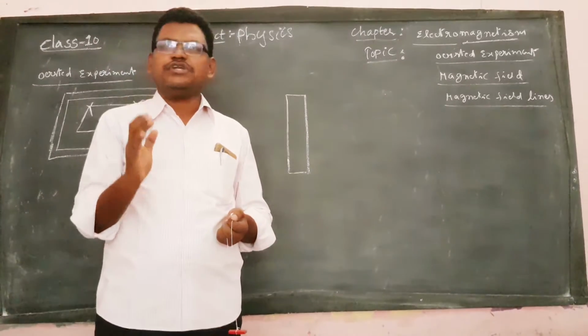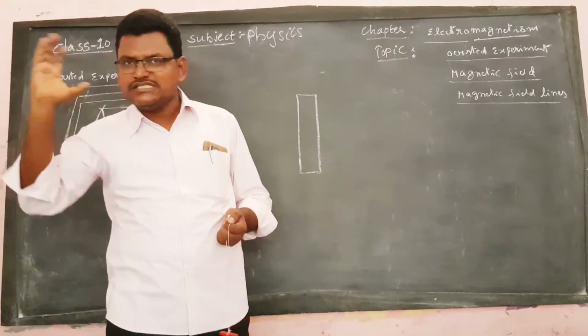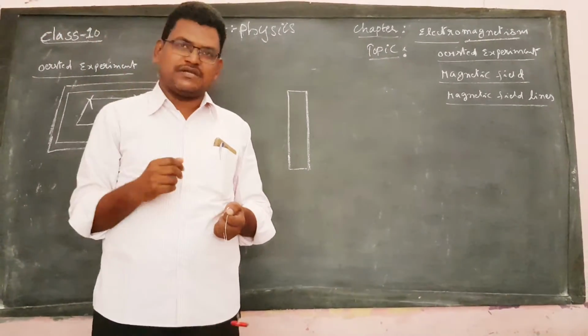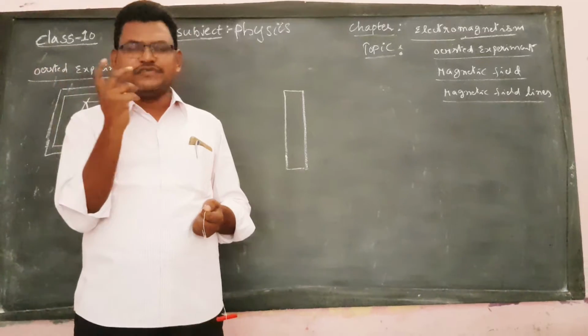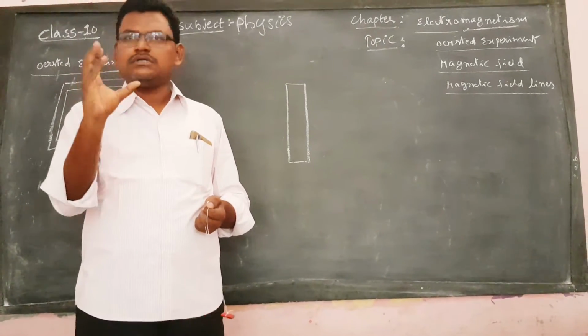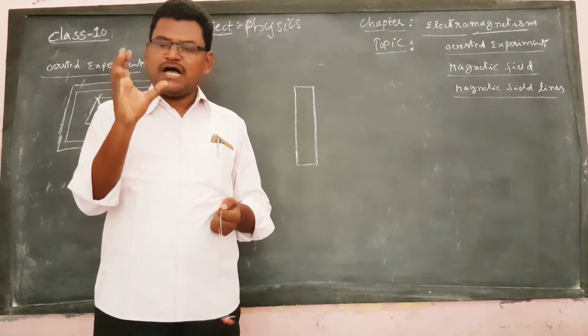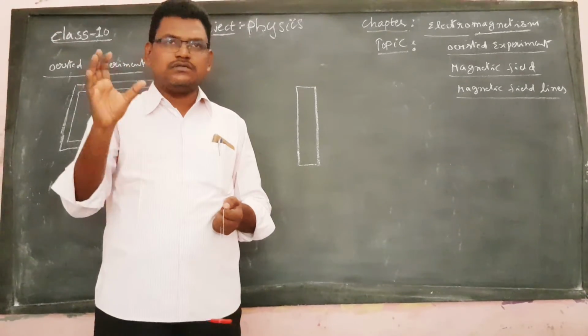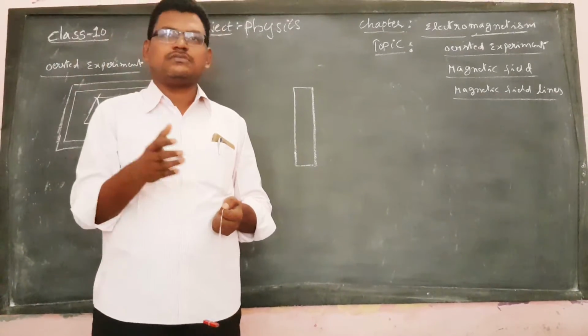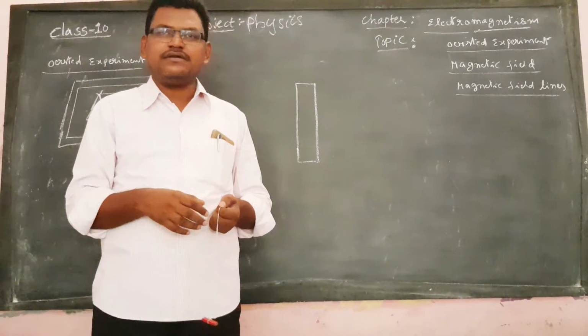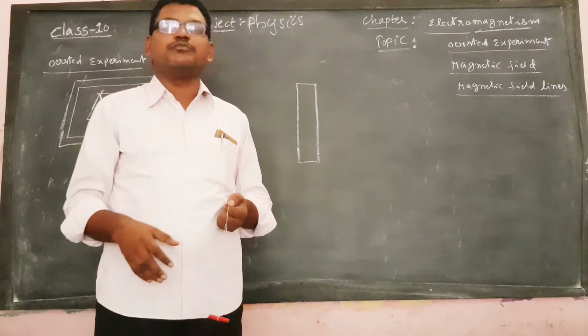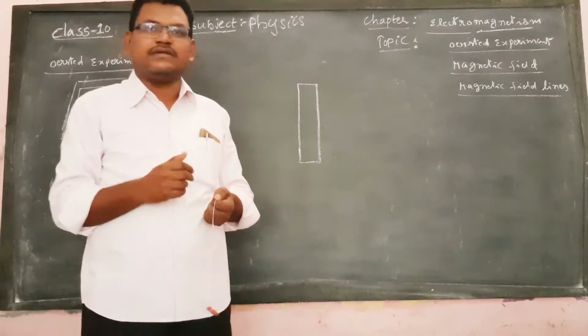The earth is rotating around itself and is also rotating around the sun. Due to the rotation of the earth, the molten state of iron, nickel, etc. also moves, and this can produce a current, and this current can produce the magnetic field.